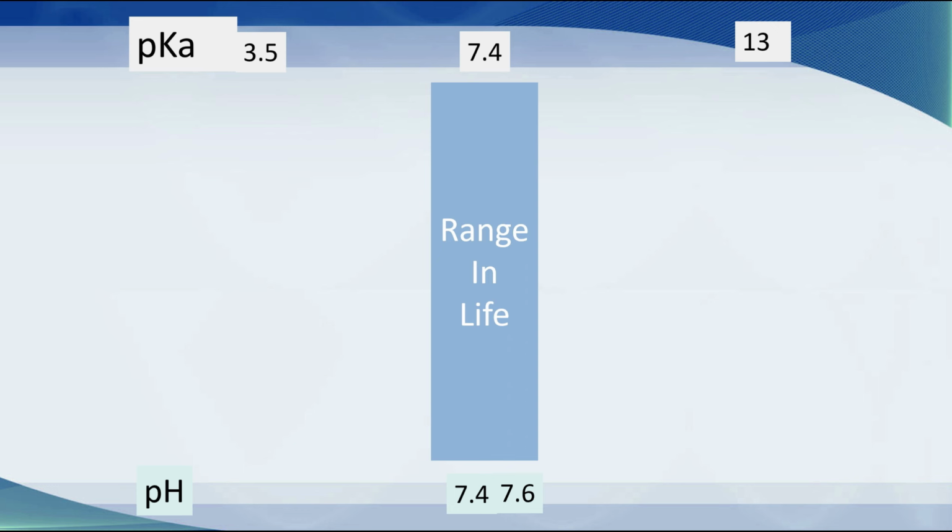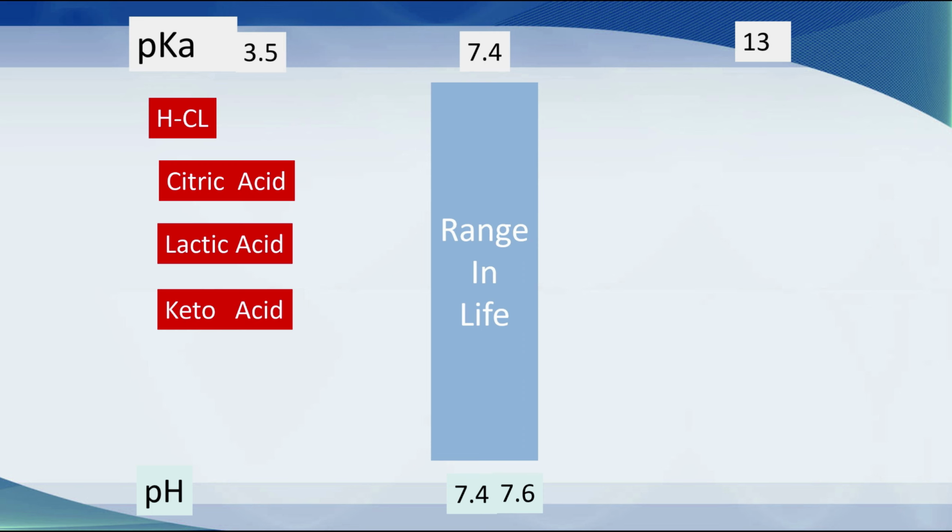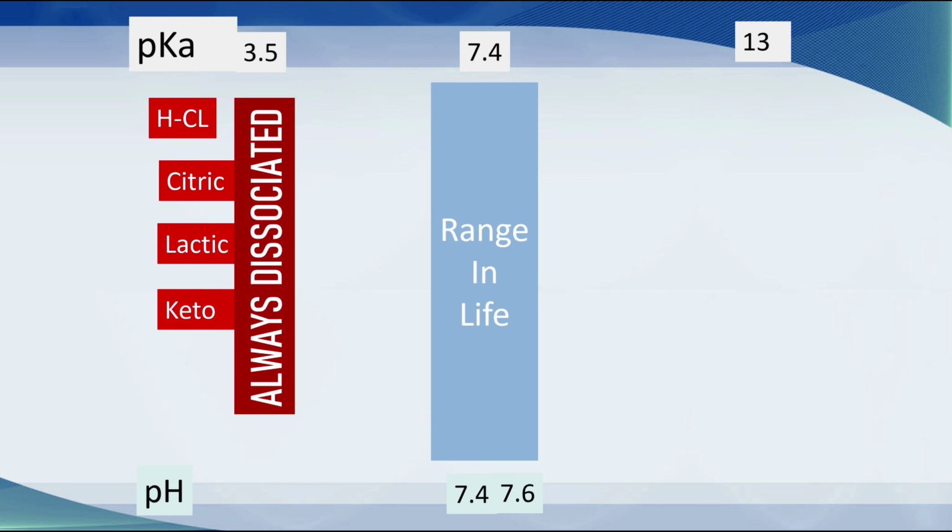Here I have the range of pH in life, which goes from about 6.8 to 7.6, something like that. And I have 7.4 in the middle. Hydrochloric acid, citric acid, lactic acid, and various keto acids, because their pKa's are down below 4, are physiologically always fully dissociated, and we see these as dissociated anions in our clinical practice.